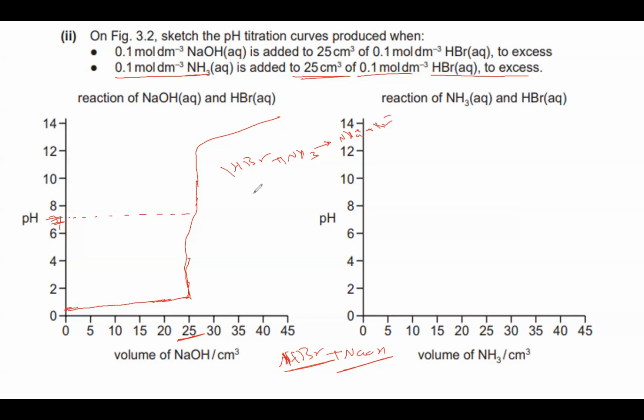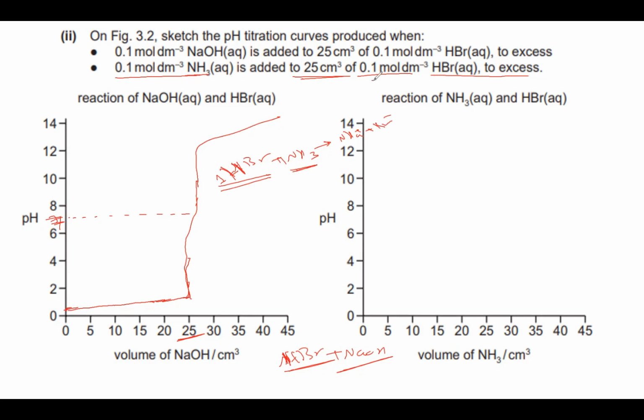So as we see here, guys, 1 mole of HBr reacts with 1 mole of NH3. So the mole ratio is 1-to-1.